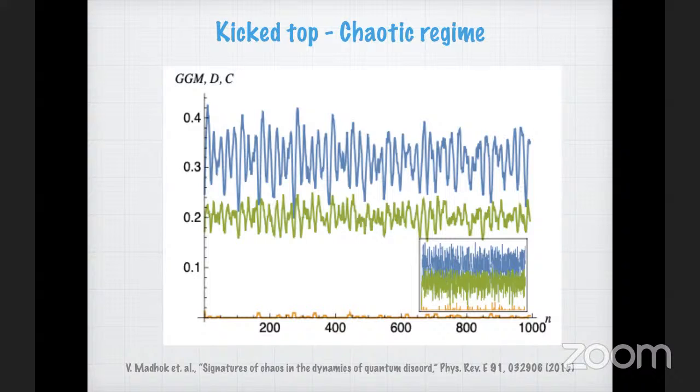This is a fully chaotic case, with time evolution on the x-axis, and on the y-axis the generalized geometric measure in blue, the discord in green, and in yellow the concurrence.